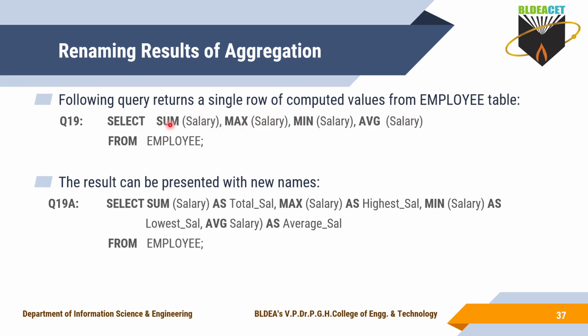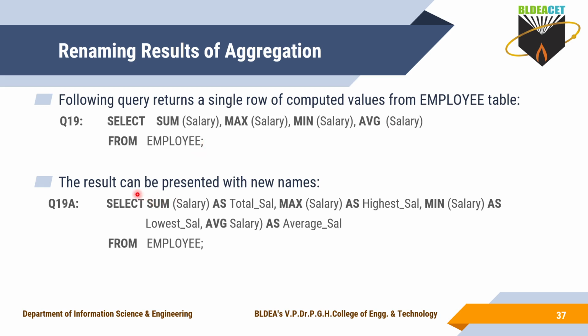These are used to find the sum of the salaries of all employees, the maximum salary, the minimum salary, and the average salary in the employee table. This is the procedure you have to follow.